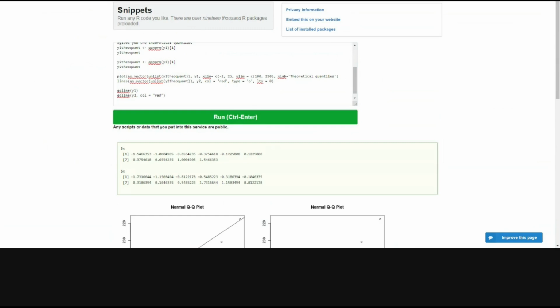When you want to ask for elements of a list, you put a bracket 1 like that. And what's the first thing that qqnorm stores in its bulletin board? The first thing are the theoretical quantiles. If you remember, these calculations are in your notes.